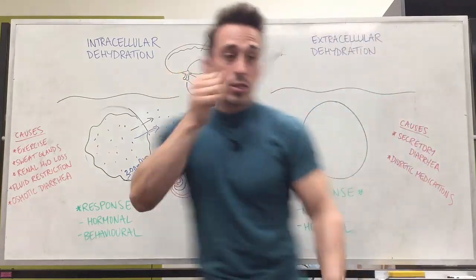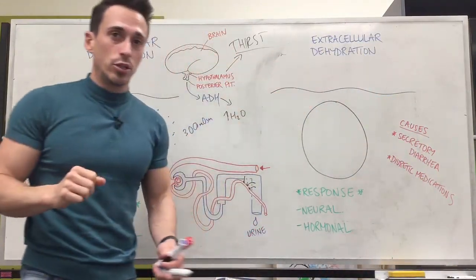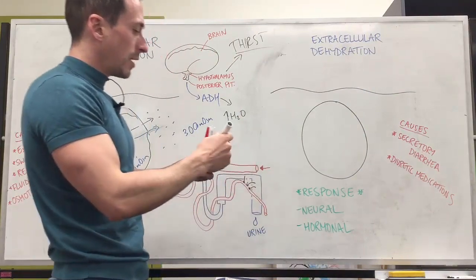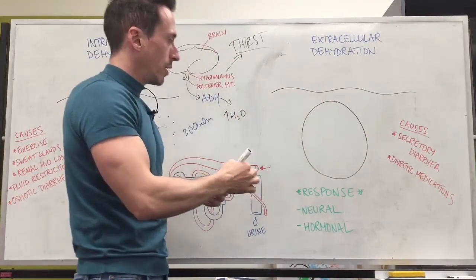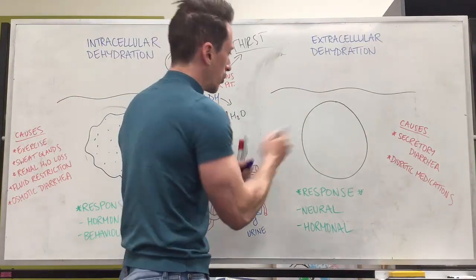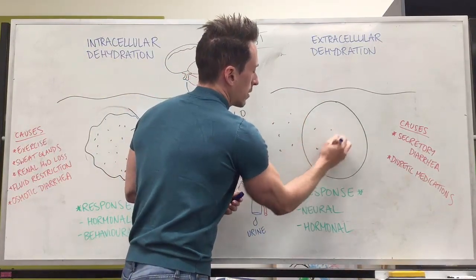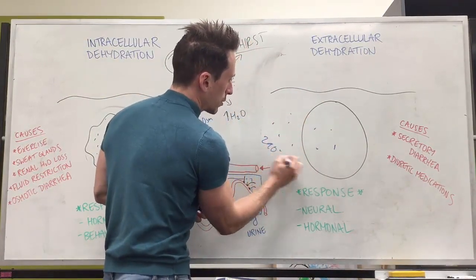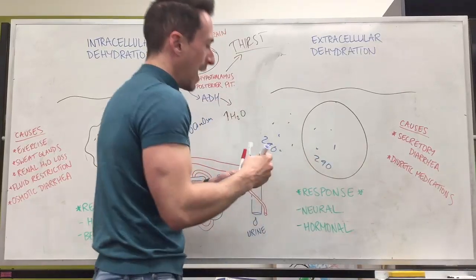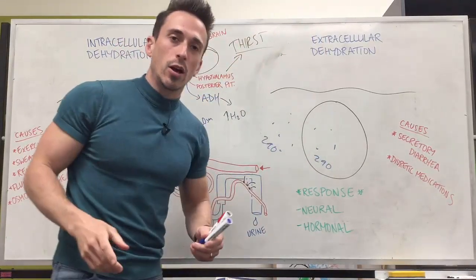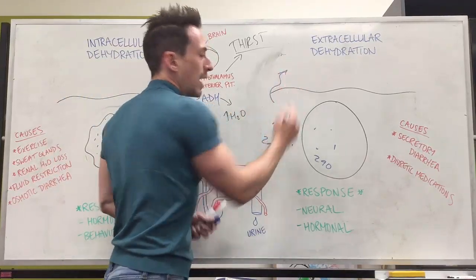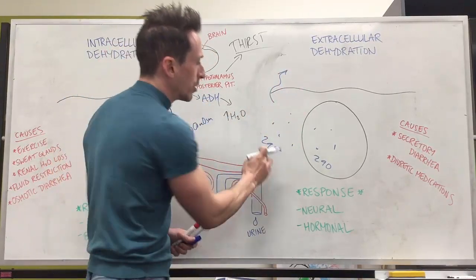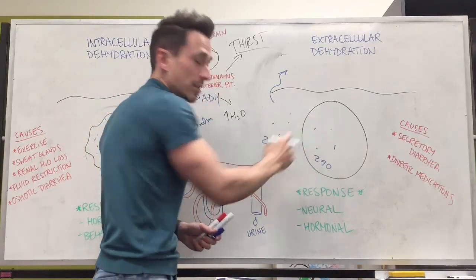Now let's compare this to extracellular dehydration. What's happening here is something different. This is where your water loss is outside your cells, so again, remember, you're going to have a concentration of stuff outside the cell and inside the cell, 290 milliosmoles, and now what happens in extracellular dehydration is the fluid outside the cells is being lost at the same concentration as what it is outside the cell here.